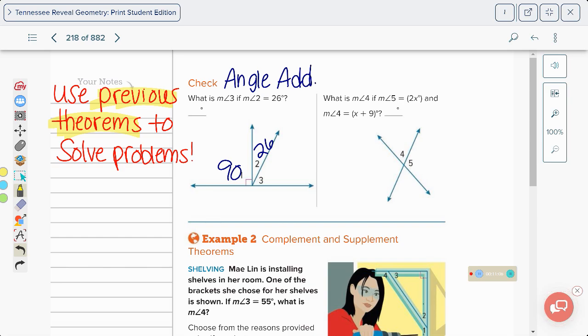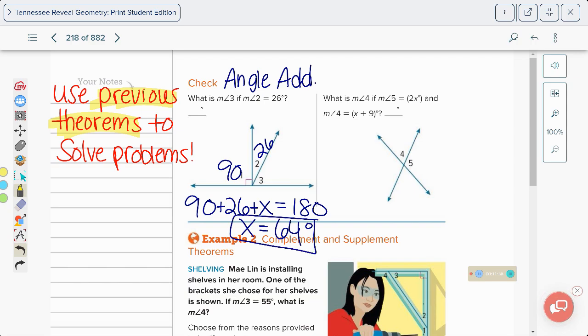And that can be helpful in finding angle 3, right? If I know the total should equal 180 because it's a line, I know one angle is 90, one angle is 26, and I don't know that third. That's the equation that you would set up to solve. And so when I take away the values that I know, if I take away 90 and 26, I'm going to be left with x is equal to 64 degrees.